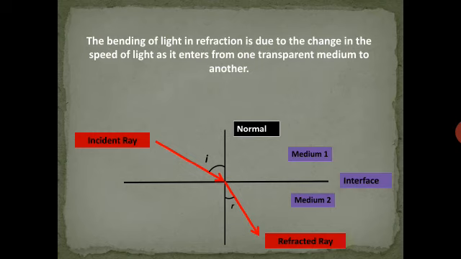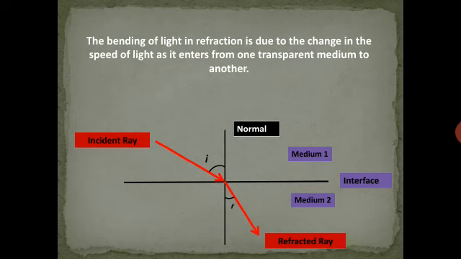So when a light ray goes from air into water, because of the difference in the optical density of water, the velocity of the light will change. Of course, because water is a denser medium, the velocity of light will reduce when it enters water. And this is the cause of refraction of light.